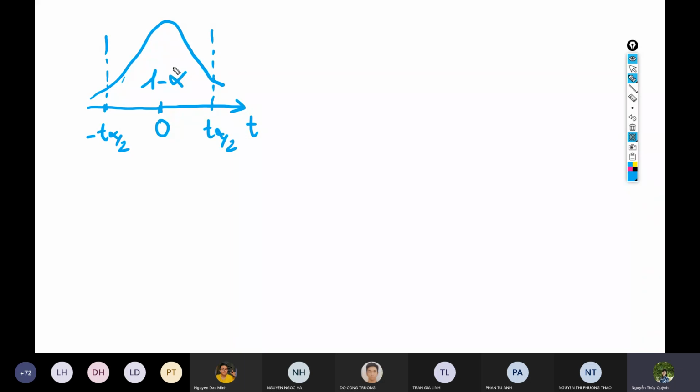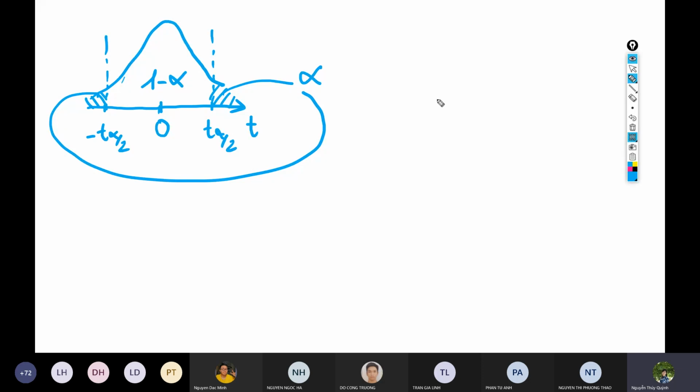But the area for the critical region, or the region of rejection, is a small one. The sum of these two areas is just alpha. It might be 0.05, 0.01, or 0.1. This area is a small area.